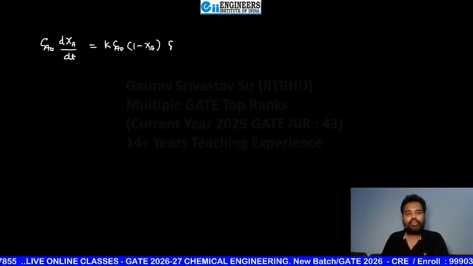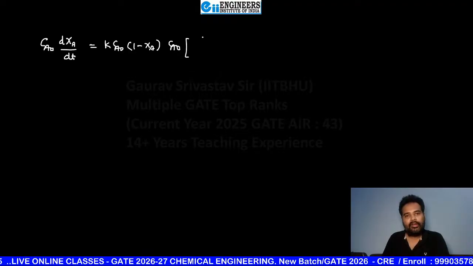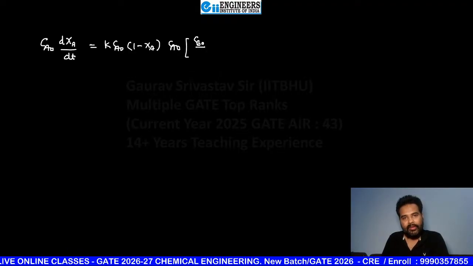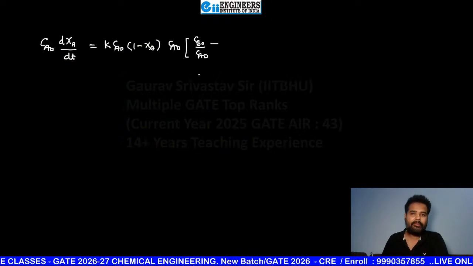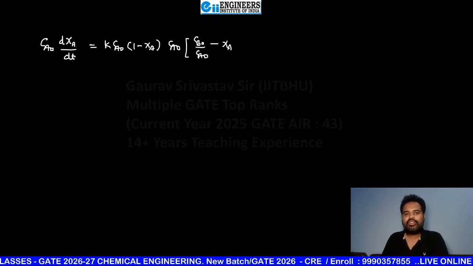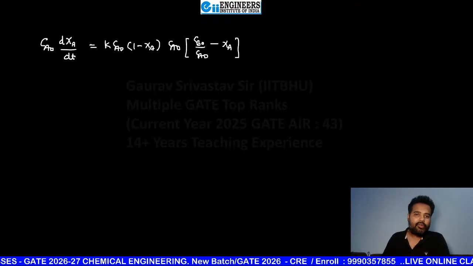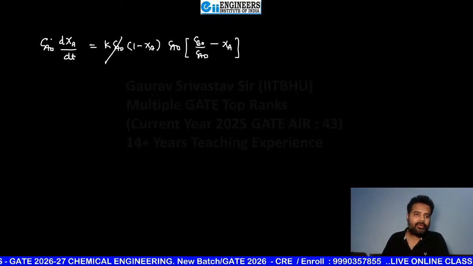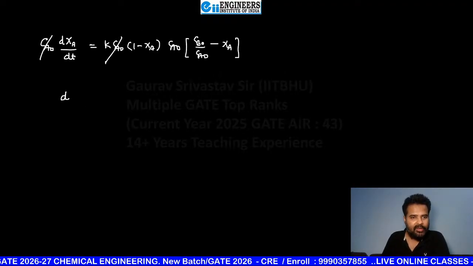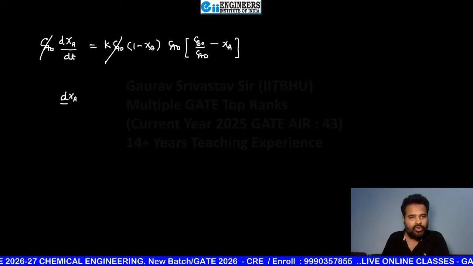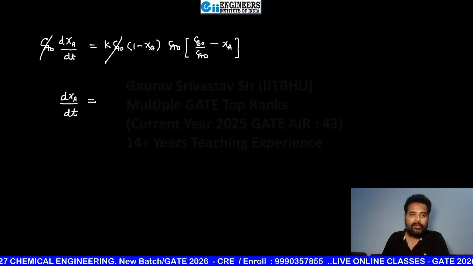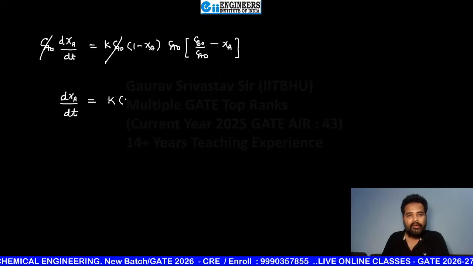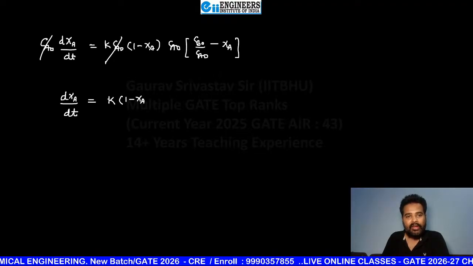If you are taking Ca naught common, then inside it is Cb naught by Ca naught minus xa. Just check it, beta, is it correct? One Ca naught will be cancelled from this Ca naught, and finally you can write your first order linear differential equation as dxa by dt, and that becomes equal to k (1 minus xa).